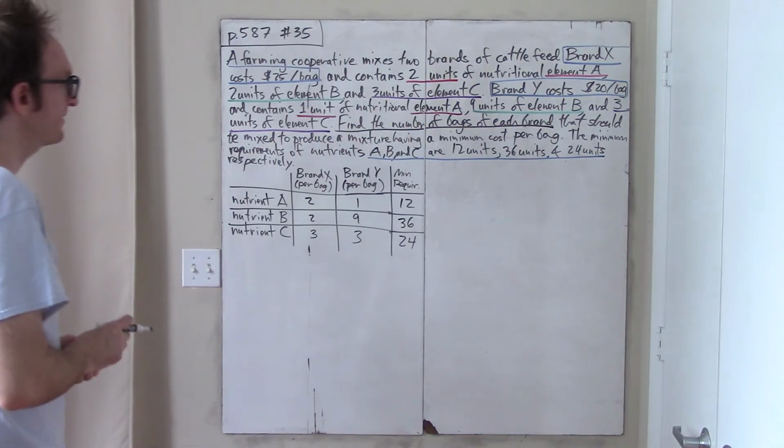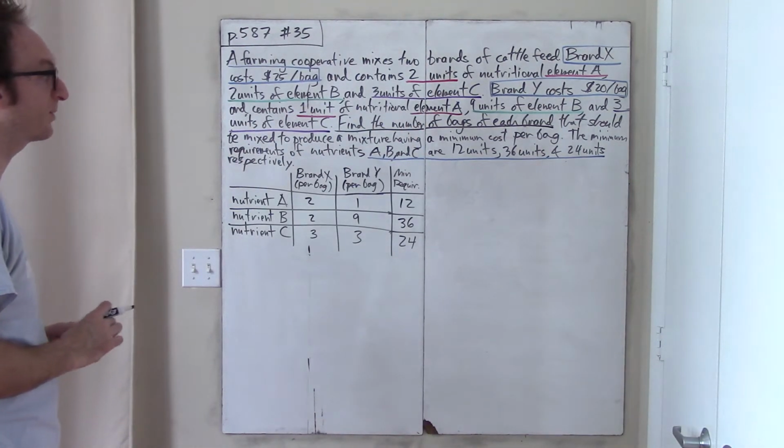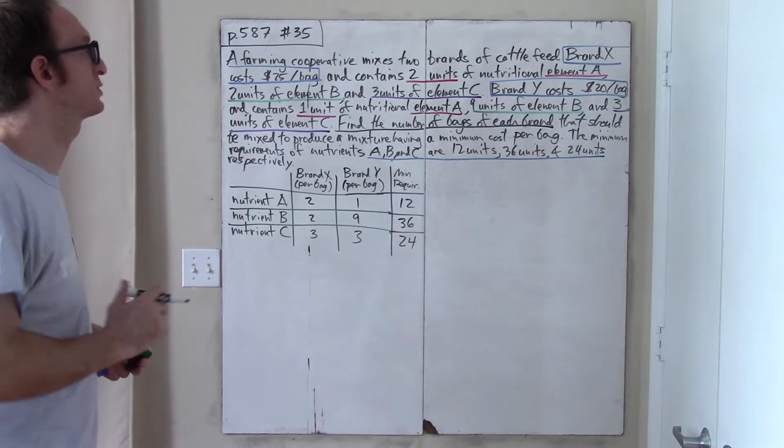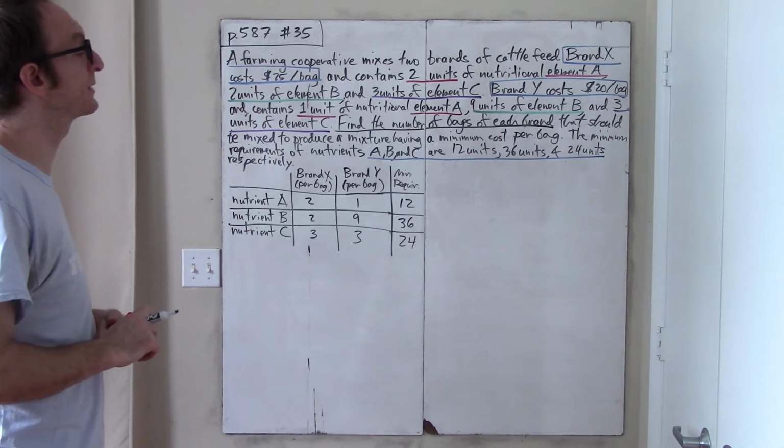Having made that clear, a good word problem skill is to pick variables to represent the thing that you ultimately want.